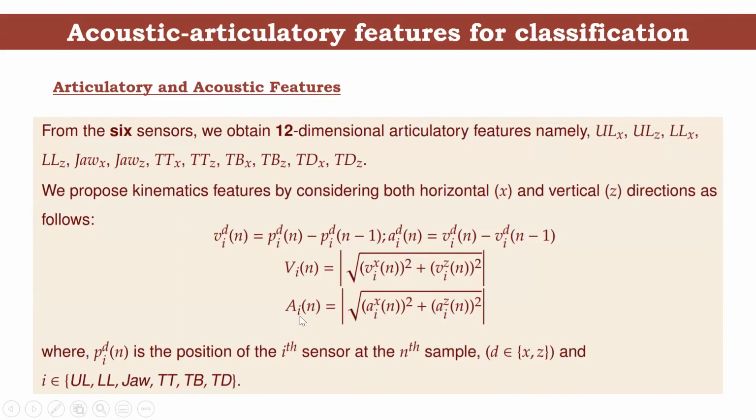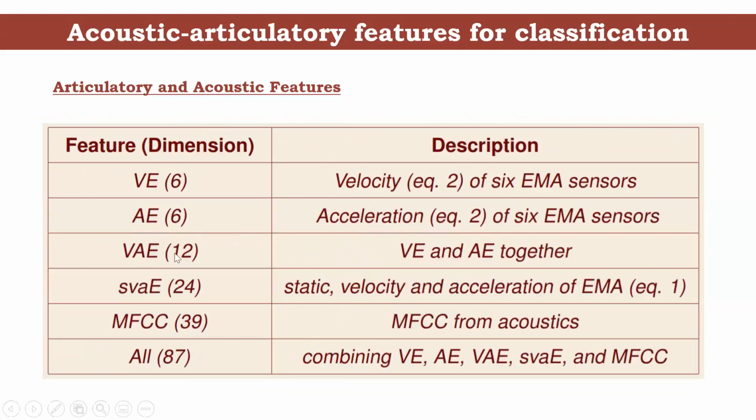And we found them to be very useful. You'll see them soon. So we have a 6-dimensional velocity feature and a 6-dimensional acceleration feature, together 12-dimensional. Then we compute the static, velocity and acceleration together, and we get another bigger feature vector.